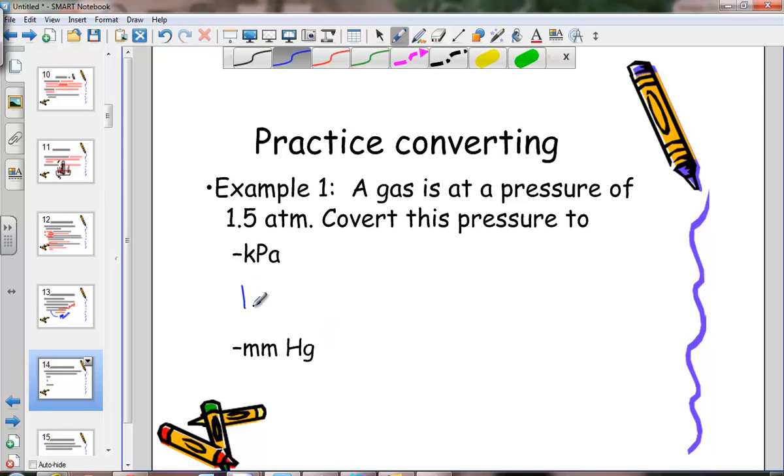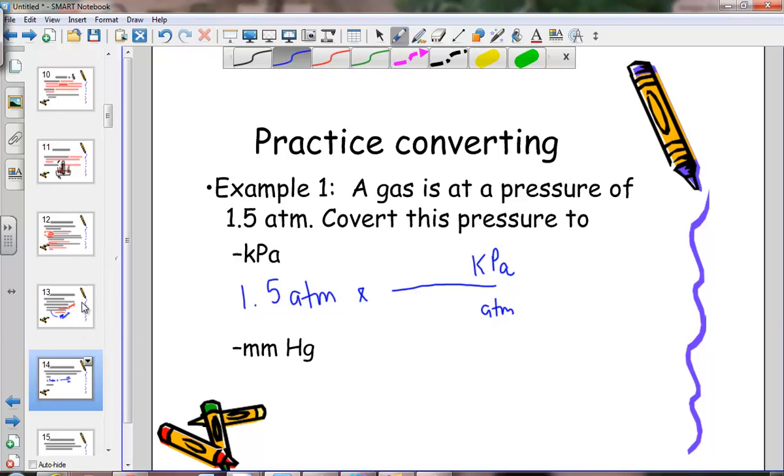So our given is 1.5 ATM, and I'm just going to simply think about what I want over given using those standard conversion values. I'm asked to change to a kPa, that's the unit I want, over the unit I'm given, which is an atmosphere. Notice when I pull out those standard values, ATMs simply cancel and I'll have converted.